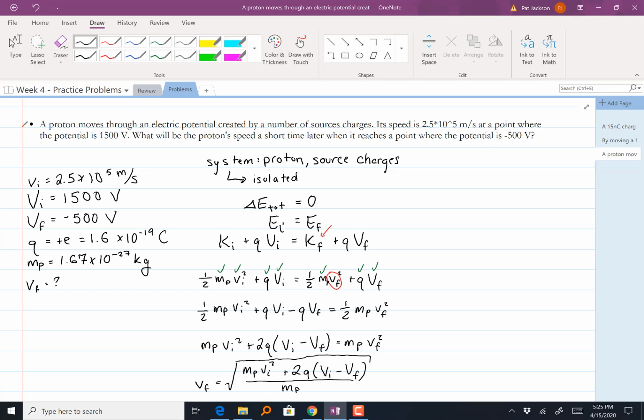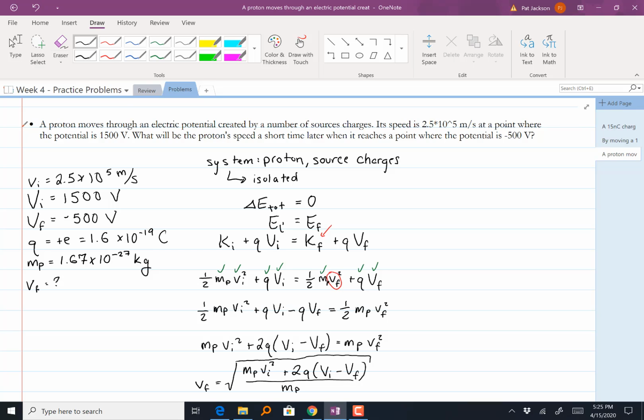So I've got my final expression for the speed: the square root of the mass of the proton times the speed initially of that proton squared plus 2 times the charge of the proton, all multiplied by the quantity, the initial potential minus the final potential, divided by the mass of the proton.